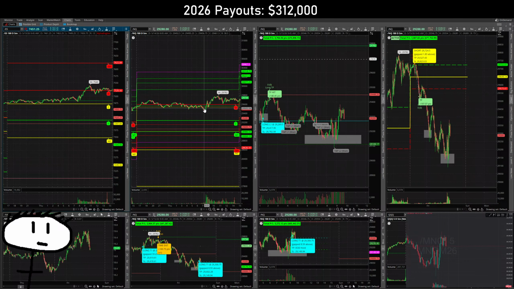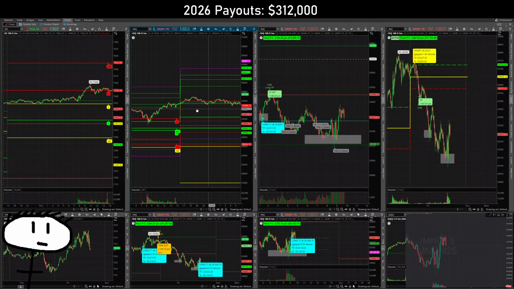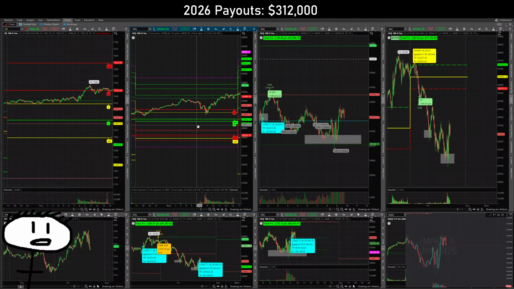And then you can see this rally and this rally. And then ES got kind of a bit weaker. But this kind of model, I have to backtest manually, unless I can figure out how to read ES and NQ at the same time. That's going to be way too complicated.